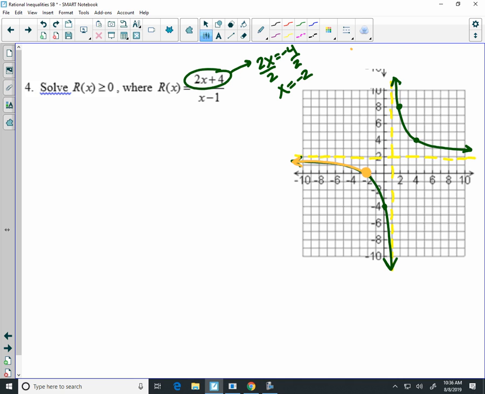And we have an asymptote at 1, and up here, on this second little curve, we're above the x-axis. So I'm seeing -infinity to -2, and 1 to infinity. I'm going to include -2 because it's a root. I'm not going to include 1 because of the asymptote.